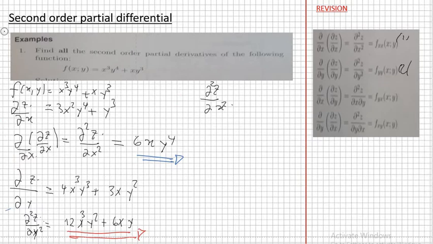So now we need to do derivation number 3. Here we'll first have to derive the function with respect to y and then with respect to x. So first step, we derive it with respect to y, we get a certain function, then we derive that function with respect to x.